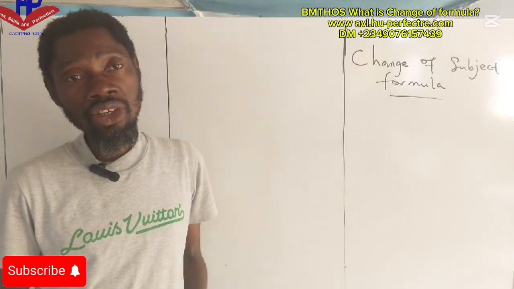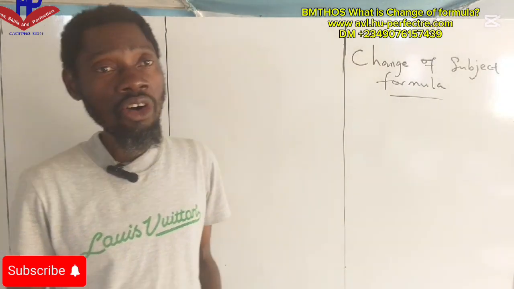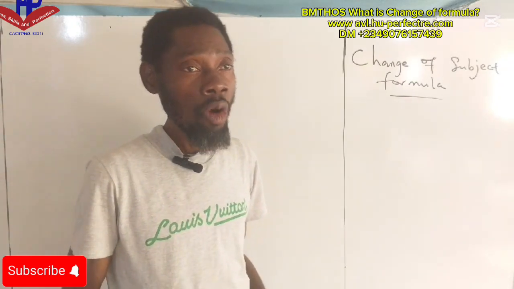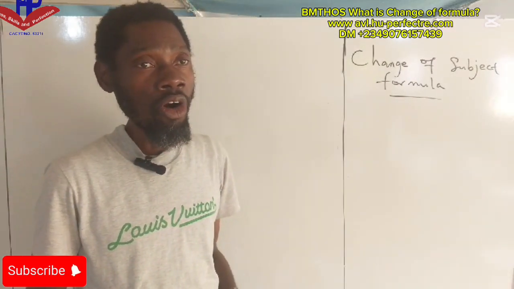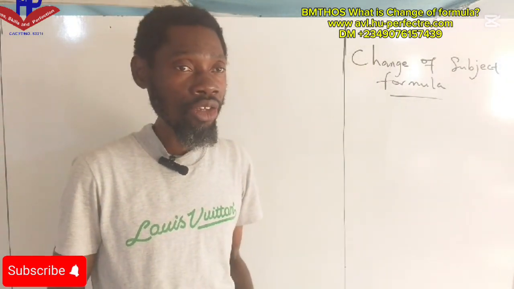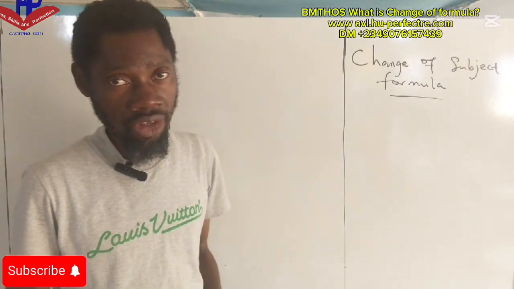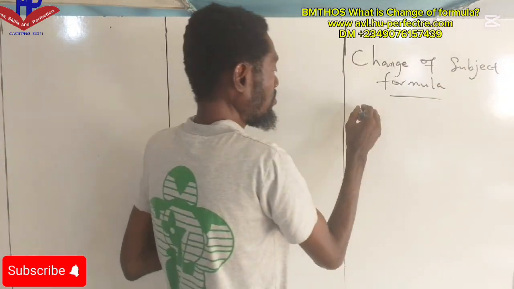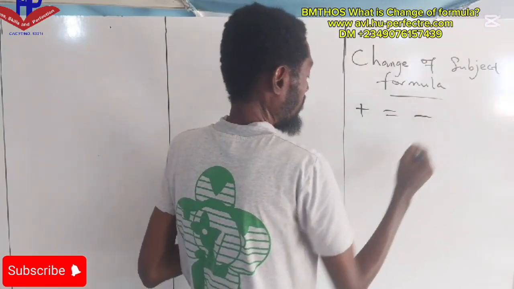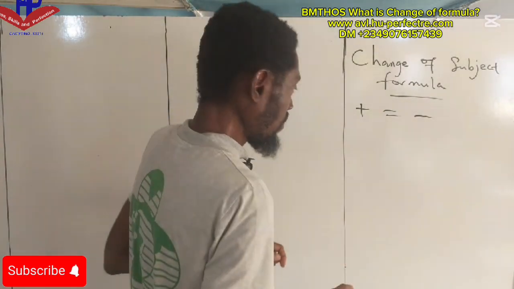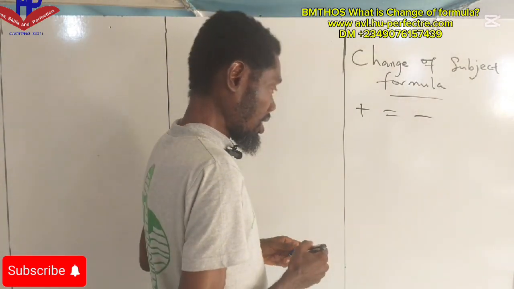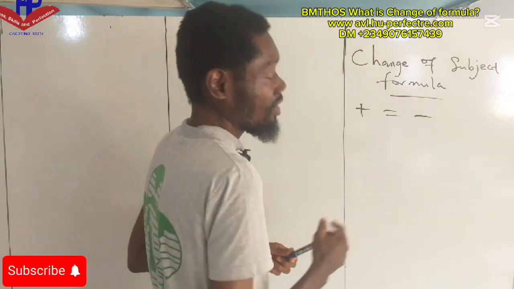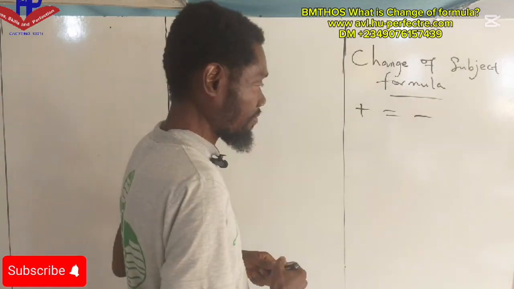You've been taught inverses, or the opposite of a given basic mathematical concept. You've been taught that plus is the opposite of minus. So if a number is positive and is leaving to the other side of an equation, it becomes negative.